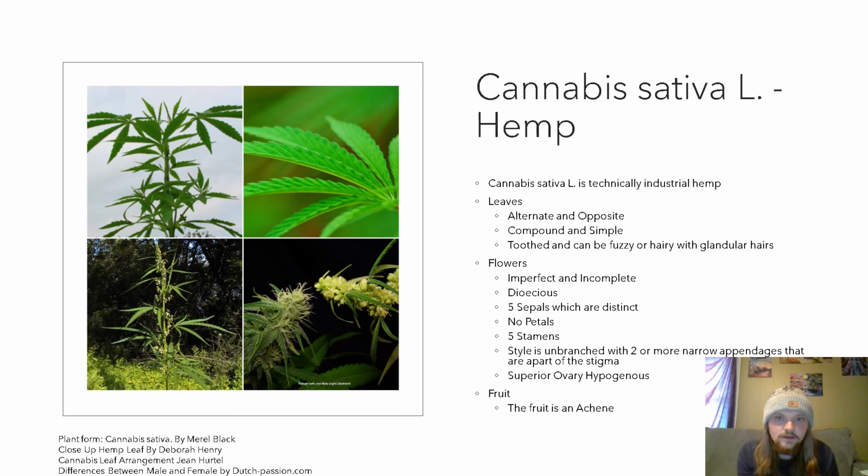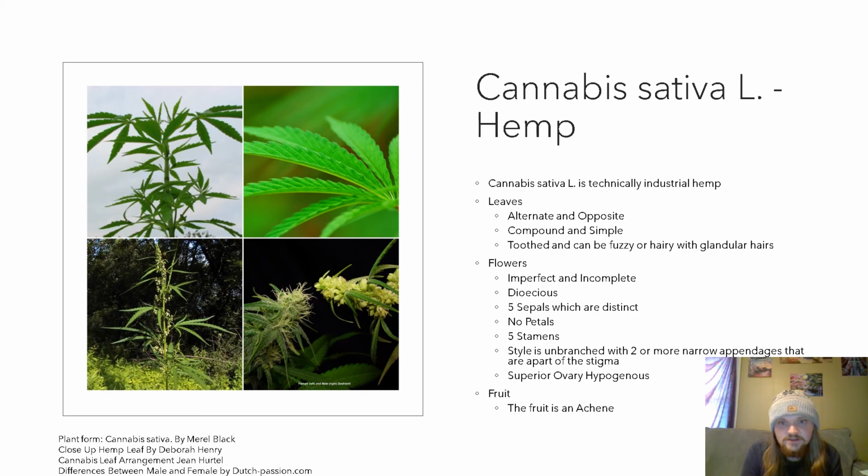But okay, so with Cannabis sativa, the leaves are alternate and opposite, and as you can see in the first two pictures on the left side, the top picture is opposite arrangement, and the bottom picture is alternate arrangement. And the leaves themselves are compound, again simple, and toothed, and they can be fuzzy or hairy with granular hairs. The picture on the top right is a cannabis leaf, and the flowers are imperfect and incomplete.